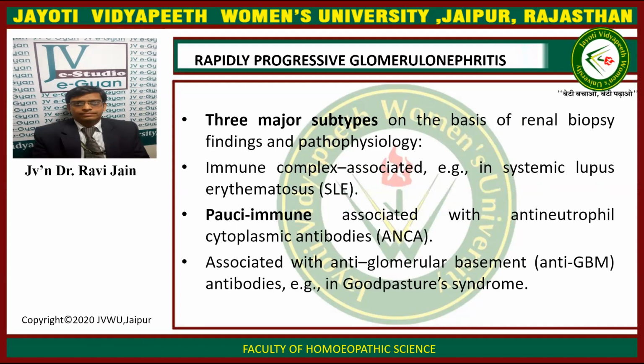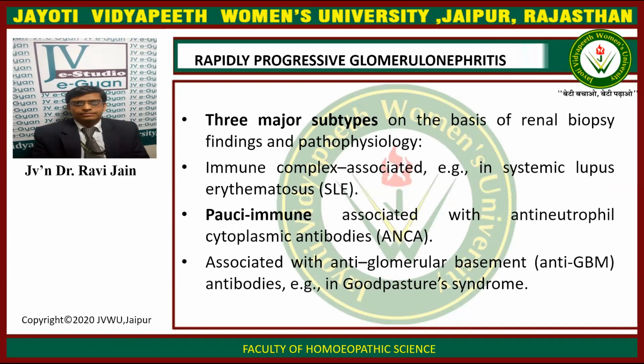There are three major subtypes of rapidly progressive glomerulonephritis on the basis of renal biopsy findings and pathophysiology. First, immune complex associated, for example in systemic lupus erythematosus, SLE.